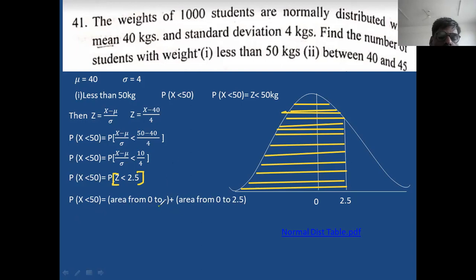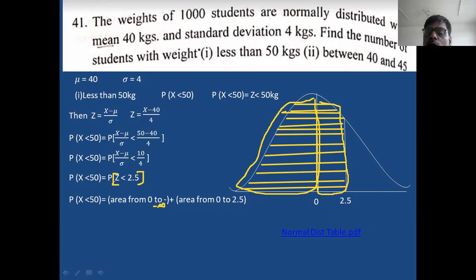This is one area, and another area is 0 to 2.5.